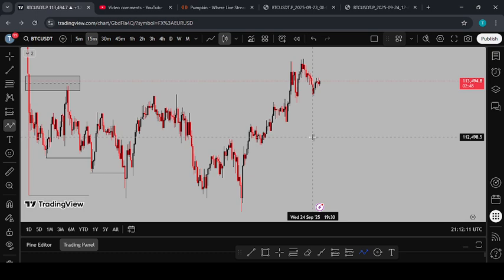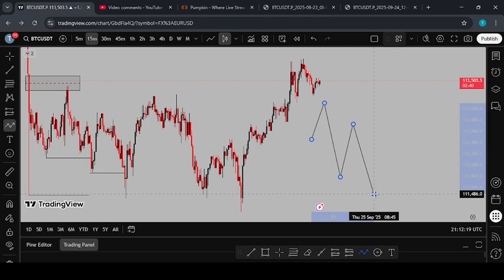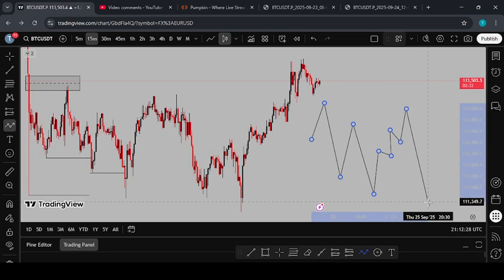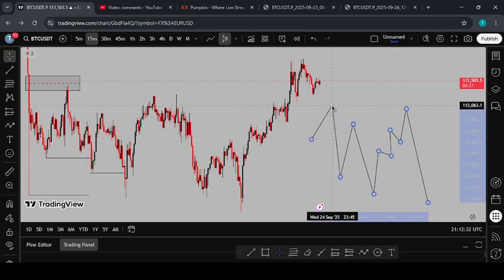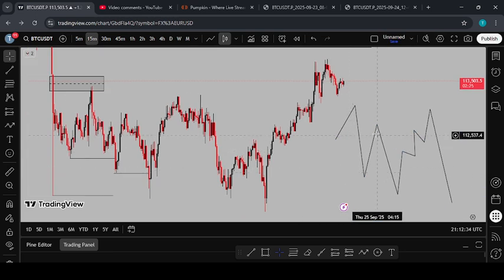And in SMC, when you have something like this, okay, then you have a pullback. So you know that price can retrace, take this as inducement, tap into that level of rejection, and we can get a sell, right? So this was the setup that was playing out, right?